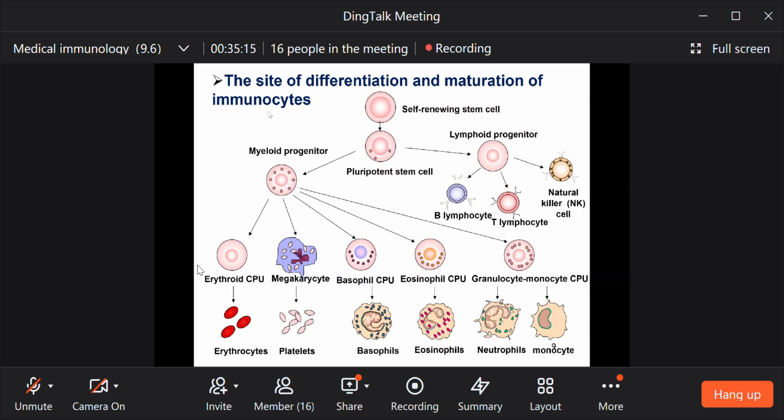Each group of cells performs a different function. We will talk about them in future lessons. We have a chapter named immune cells to introduce those cells.